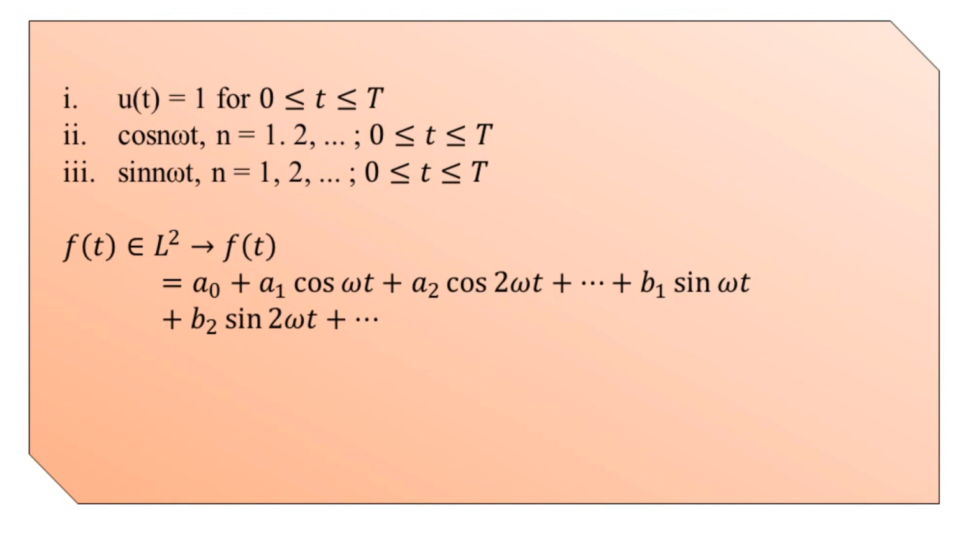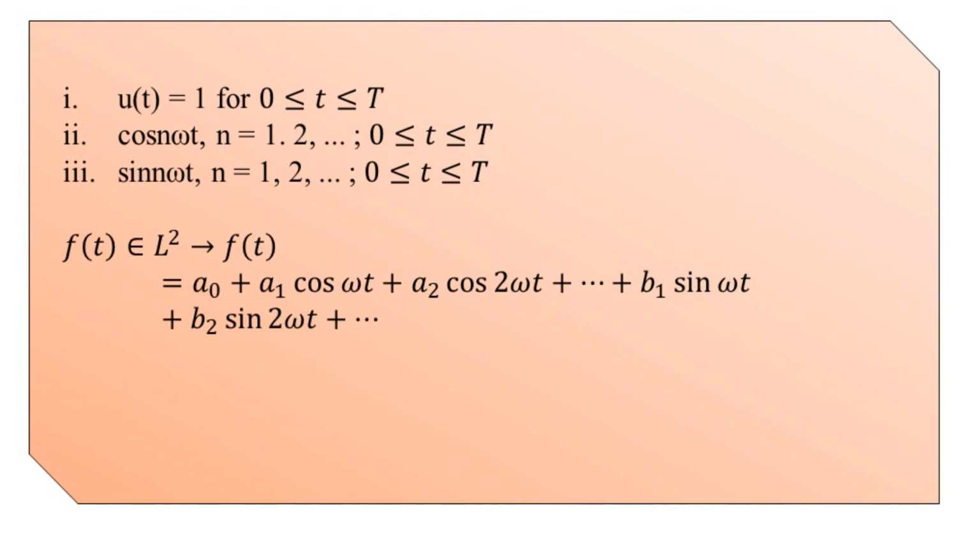The addition continues with b1 times sin omega t added to b2 times sin 2 omega t added to b3 times sin 3 omega t, and so on. Practically speaking, all the smoothly varying functions that we can imagine in the interval from 0 to capital T will belong to the space defined as capital L square.